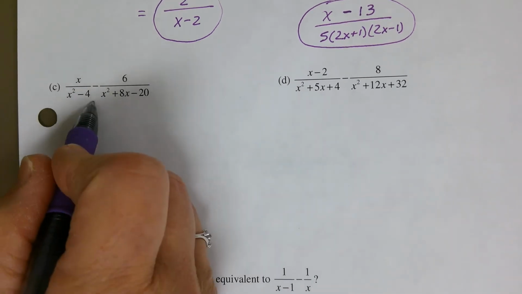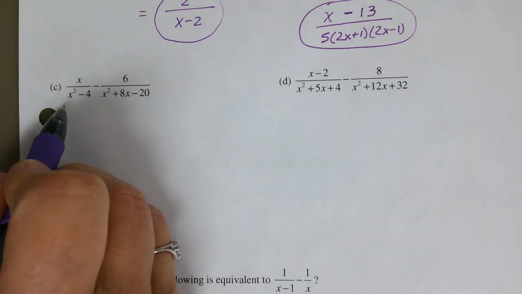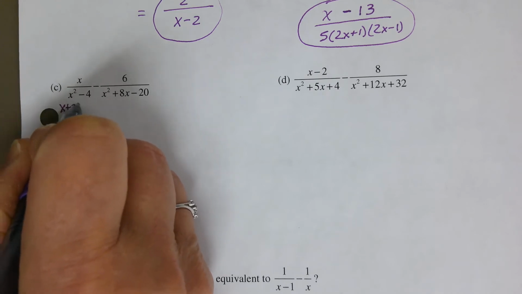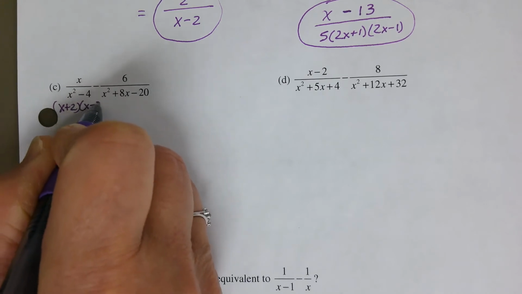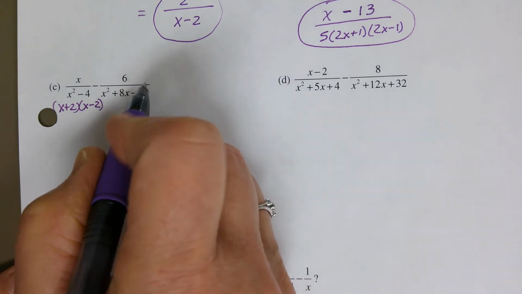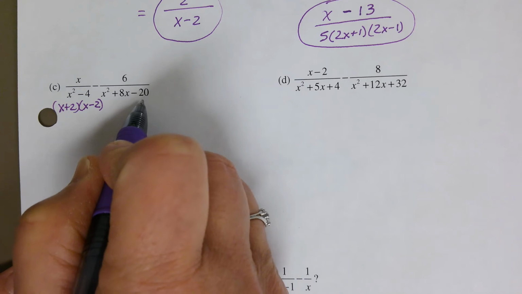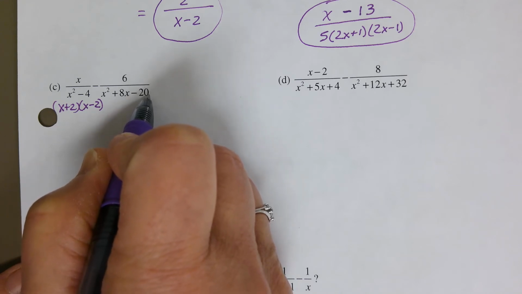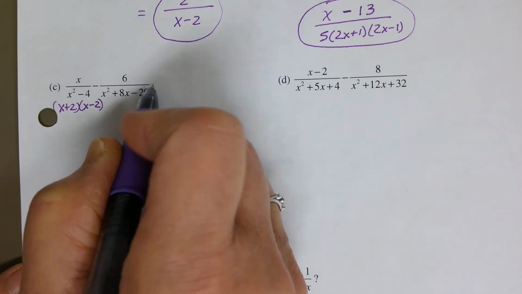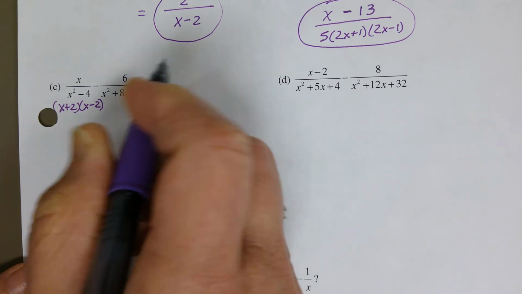C, factors of our first denominator, difference of perfect squares, x plus 2 times x minus 2. And of our second denominator, the factors of negative 20 that sum to positive 8 are negative 2 and 10.